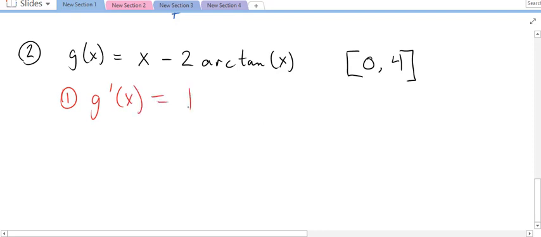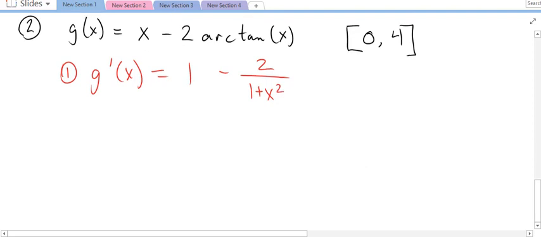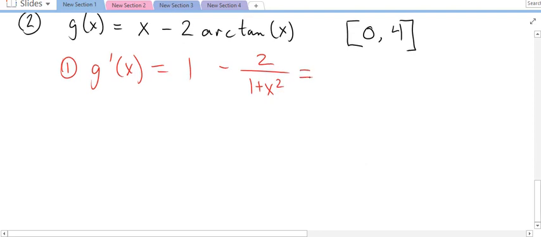So we get 1 minus 2, and then the derivative of arctan is 1 over 1 plus x squared. So if we wanted to get a common denominator here, we'd have 1 plus x squared, and then we'd have 1 plus x squared minus 2, which becomes x squared minus 1 over x squared plus 1.